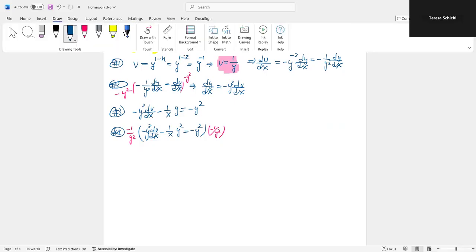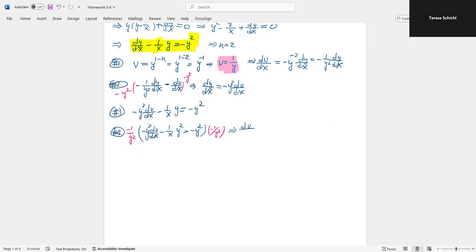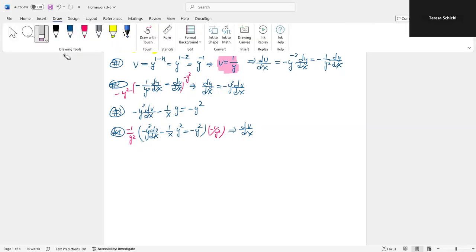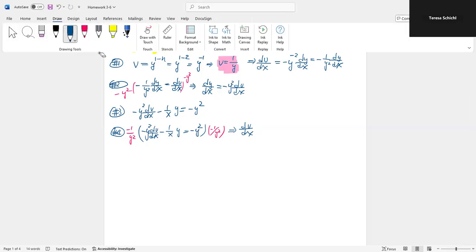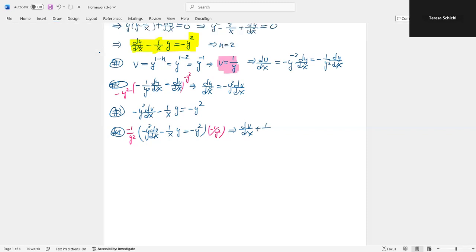So first term, I have dv/dx. I need to be careful here: I don't have y squared here, so this is y, and negative and negative is a positive. So plus 1 over x, then I have a 1 over y here.